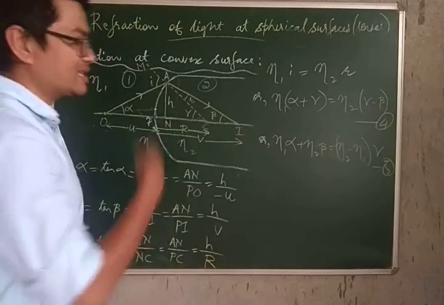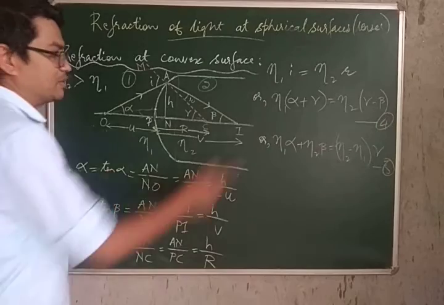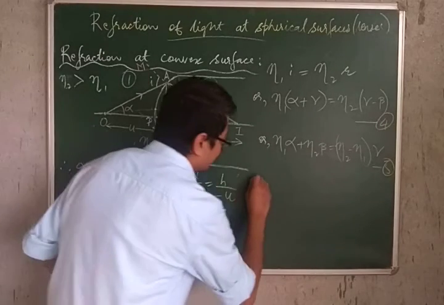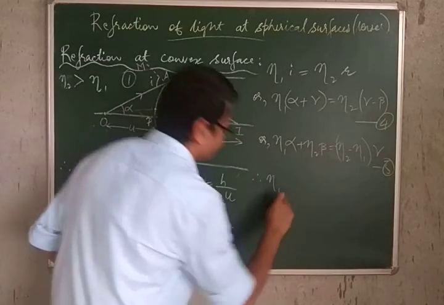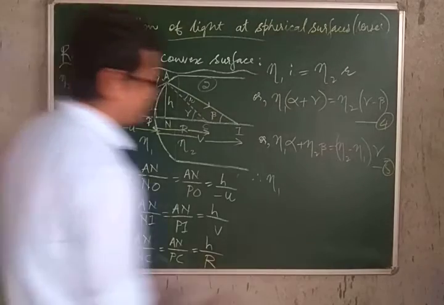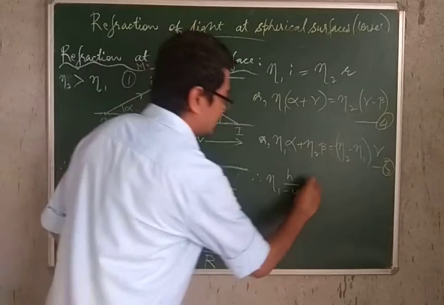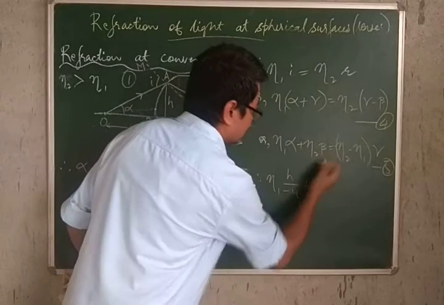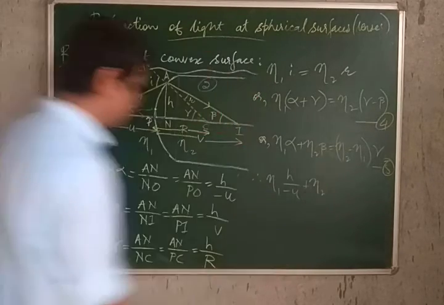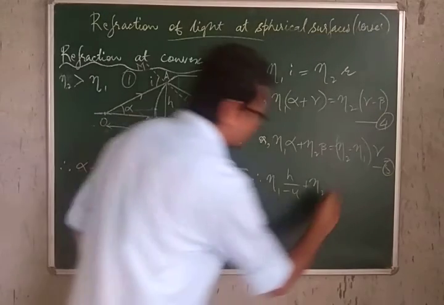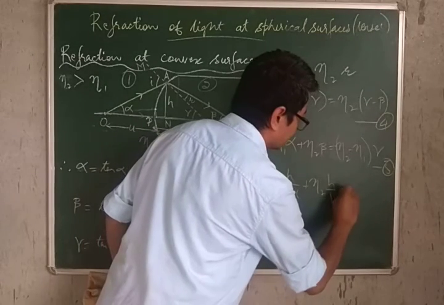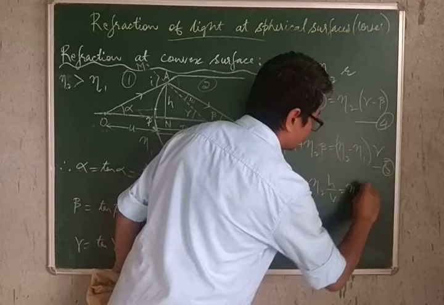Now we substitute the values of alpha, beta, gamma in equation number 5, and therefore we get eta 1 alpha is h by minus u plus eta 2 into, what is beta? Beta is h by v. This is equal to eta 2 minus eta 1.